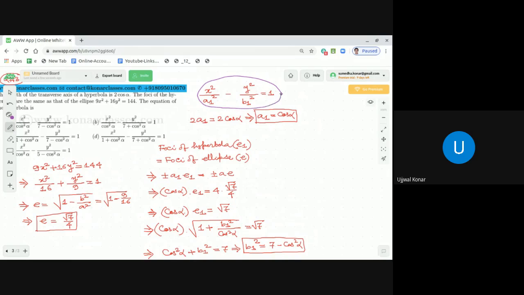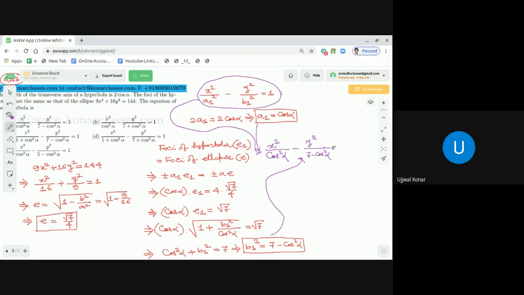That's what our assumption was. We get x²/a1², where a1² is cos² α, minus y²/b1², where b1² comes from here, that is 7 − cos² α.